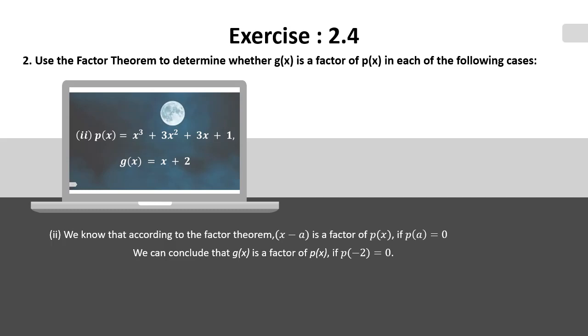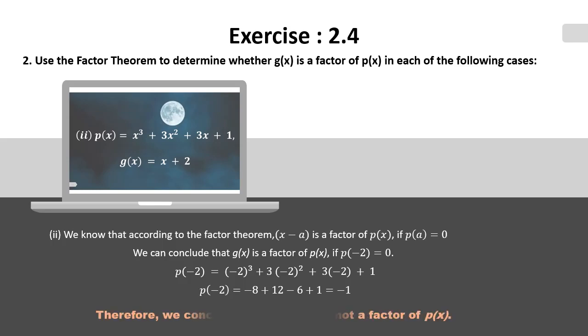Therefore, when we put x is equal to minus 2, p of x is (minus 2) whole cube plus 3 into (minus 2) whole square plus 3 into (minus 2) plus 1. Simplifying, that is minus 8 plus 12 minus 6 plus 1, and when we calculate this whole step, we get the result minus 1. Therefore, we conclude that g of x is not a factor of p of x.